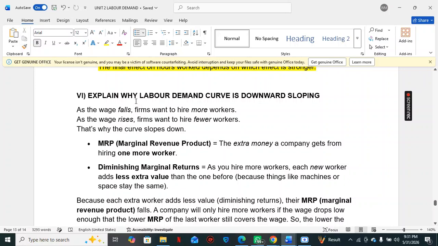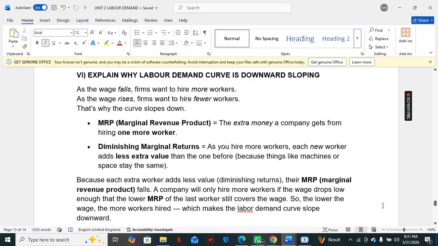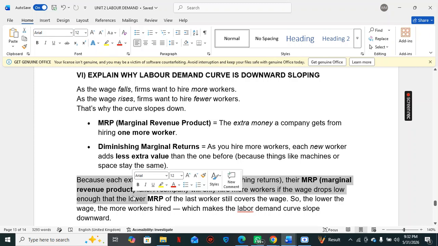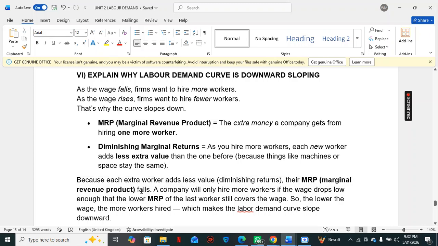So the reason why the labor demand curve is downward sloping, using the concepts of marginal revenue product and diminishing marginal returns, is that each extra worker adds less value, so their marginal revenue product falls. When you plot this marginal revenue product graph, you're going to see a downward sloping graph like the demand curve.